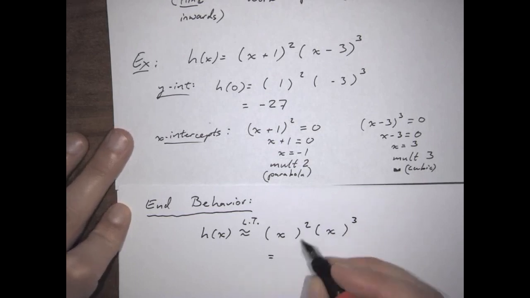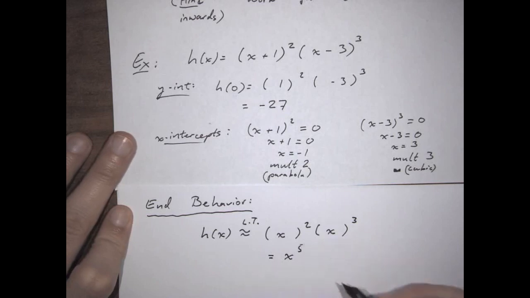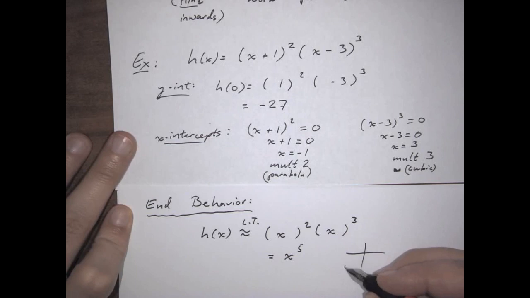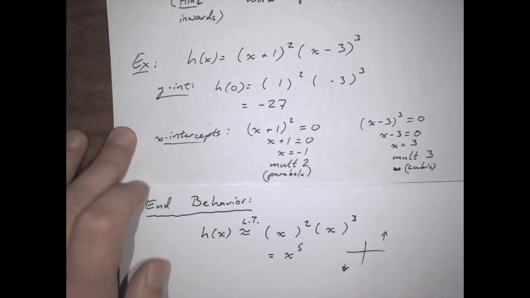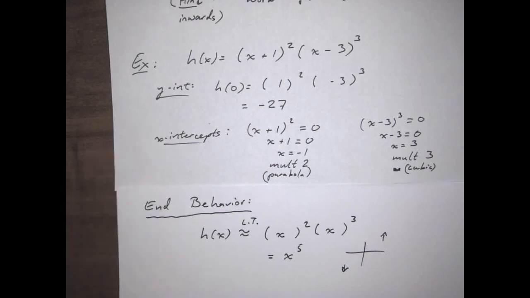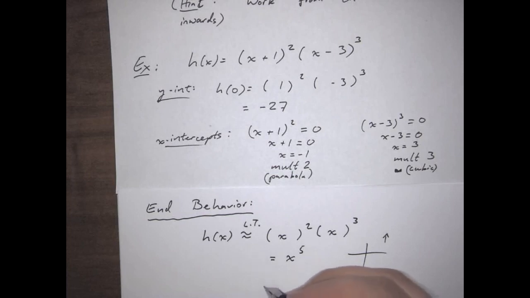And so that's going to be x squared times x cubed, so that's going to be like x to the 5th, which importantly is going to be negative when x is negative and positive when x is positive. So that means it's going to be down and up. And I don't have to write it with all the infinity stuff for this. I just need to really know the down on the left, up on the right. That's the important thing about this.